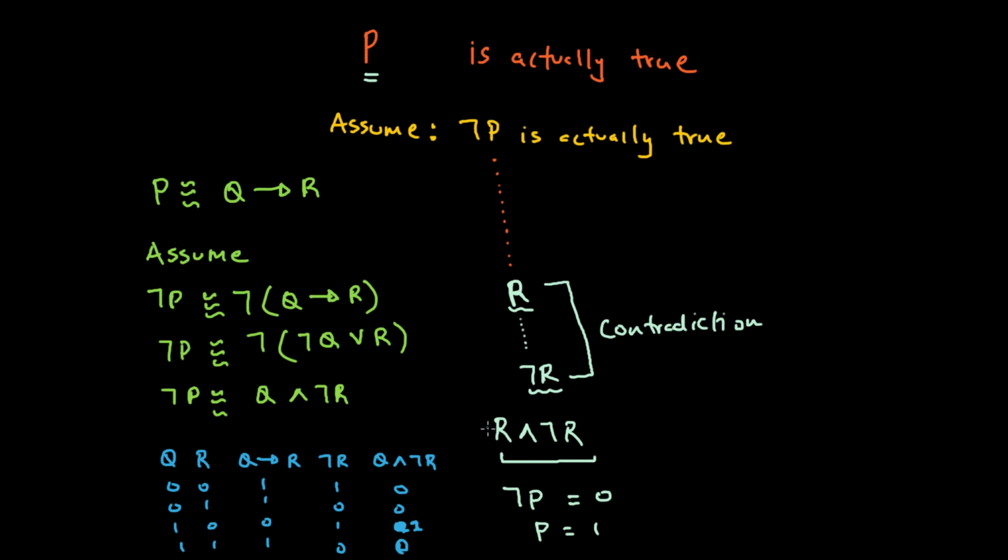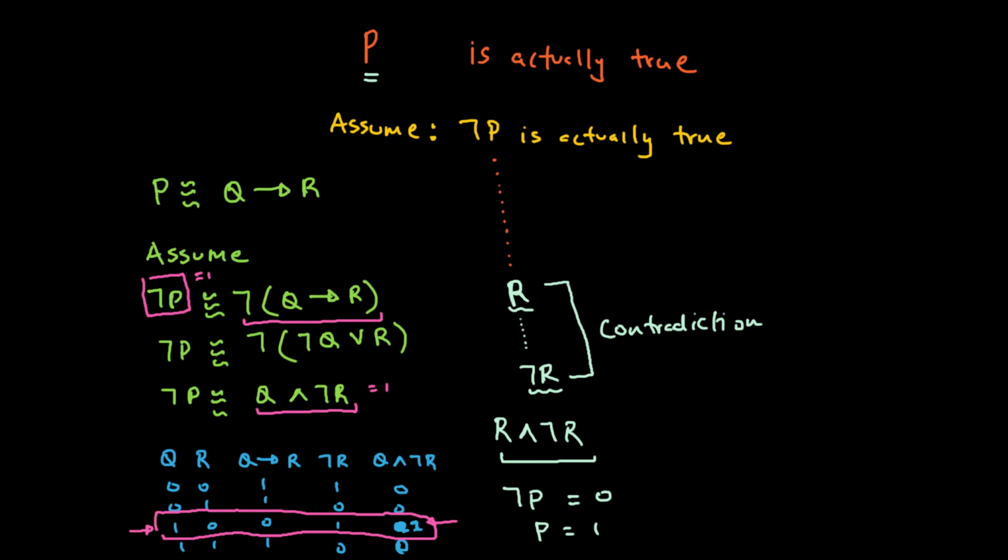Given this truth table, one thing I can immediately see is that by assuming not P must be true, which says this entire piece, Q and not R, must be true, it happens to be true only in this row here. So I'm trying to find out whether I can ever get this row.